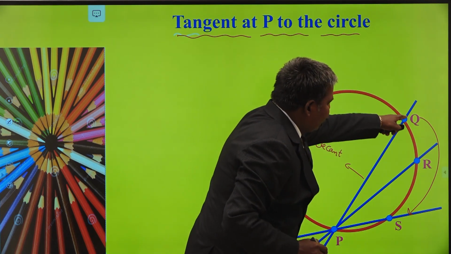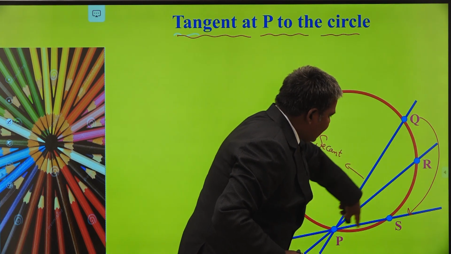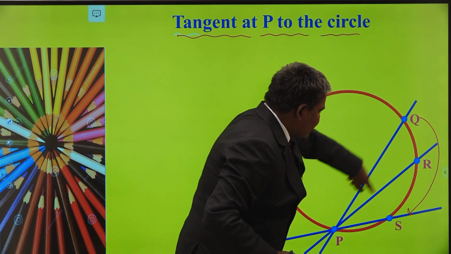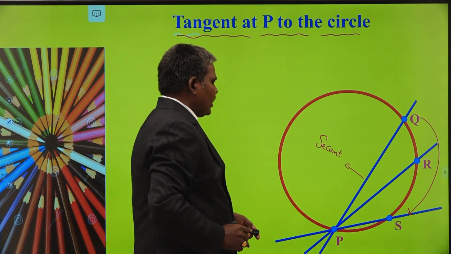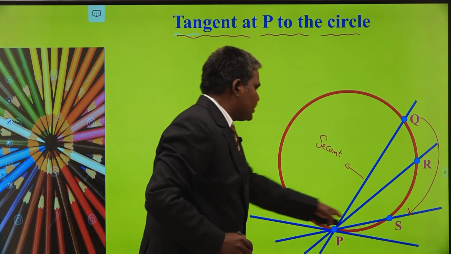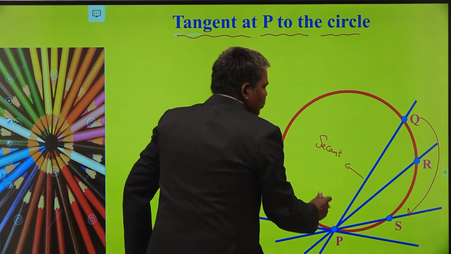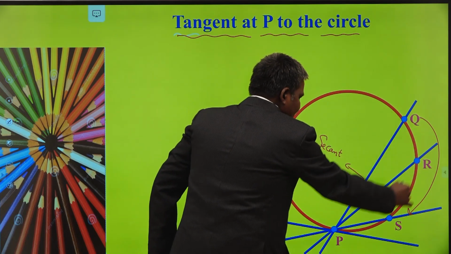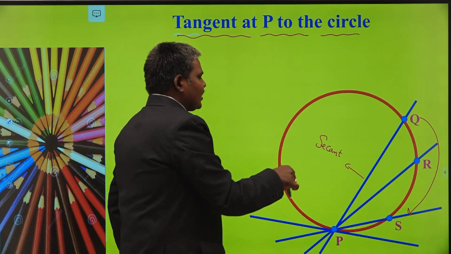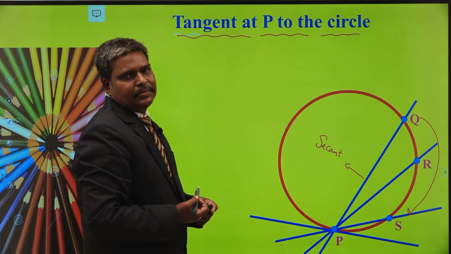So, your point Q is moving to P. PR is another secant line and PS is the next secant line, and then we obtain the tangent at P. So, when PQ becomes tangent at P, we mean the limit Q tends to P along the circle, secant PQ becomes tangent at P to the circle.